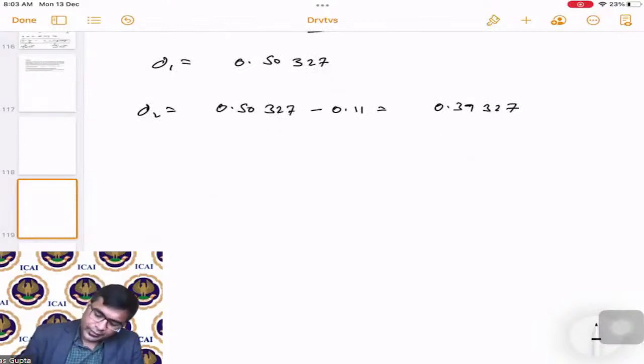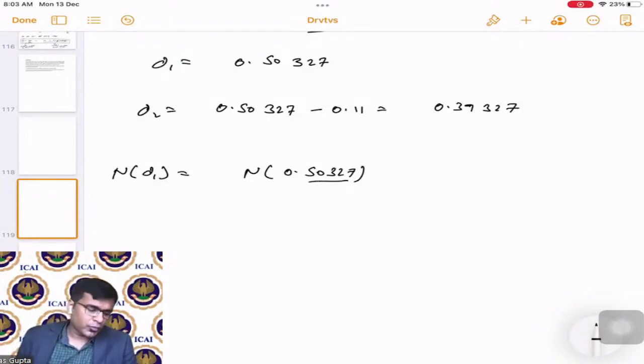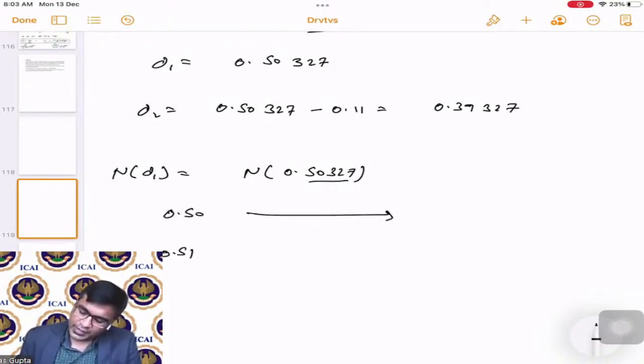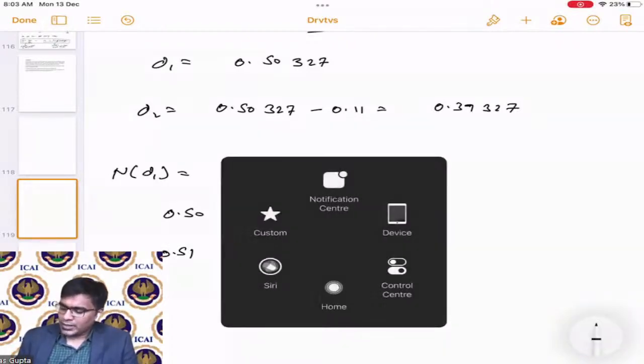Now, ND1 is equal to N of 0.50327. Here also we would have to apply the interpolation technique, because we don't know for these five figures after the decimal what the N value is. So let us take the values of 0.51 and 0.50 from the standard normal distribution table and use the interpolation technique.